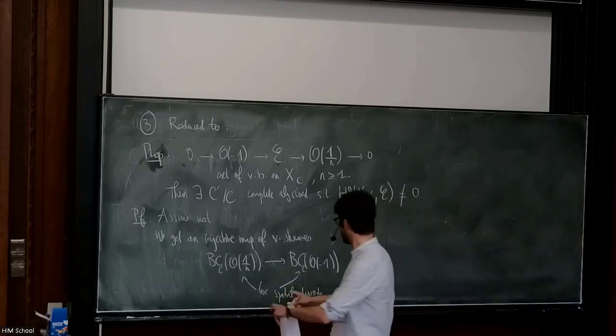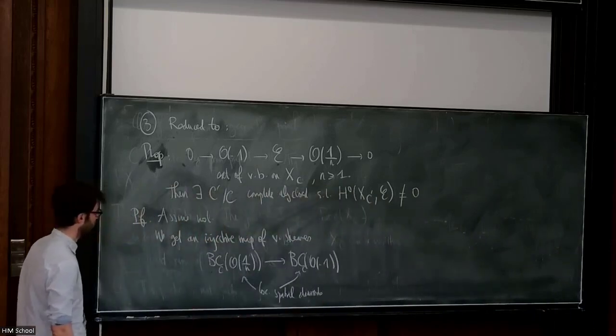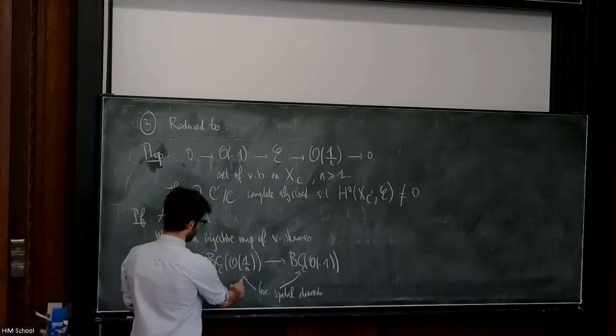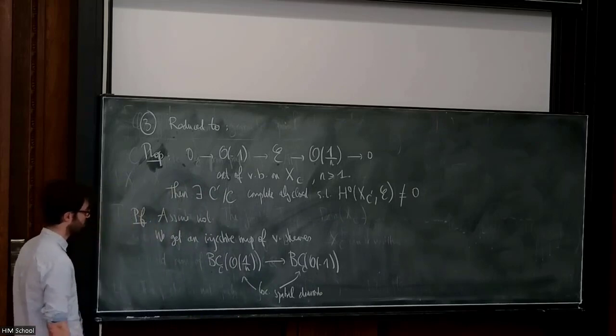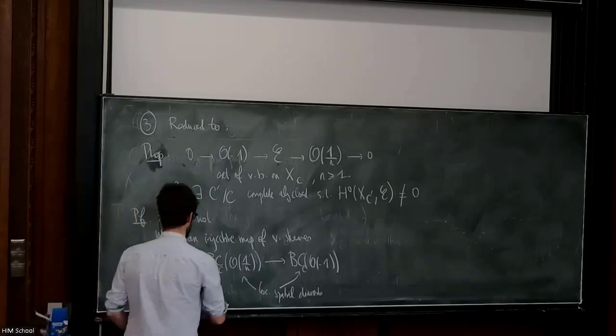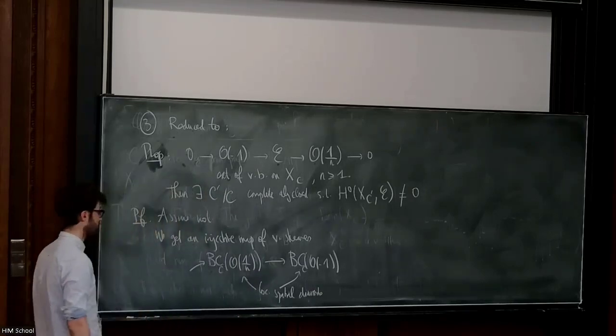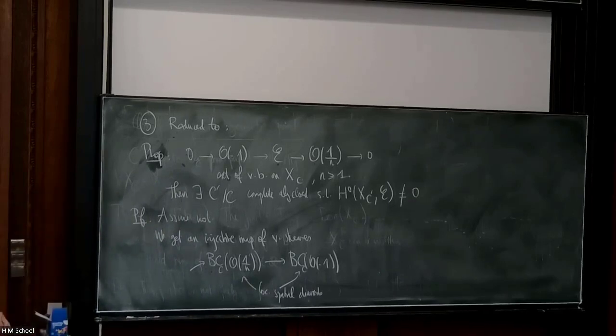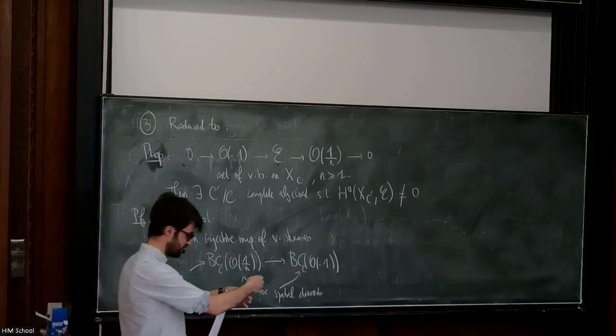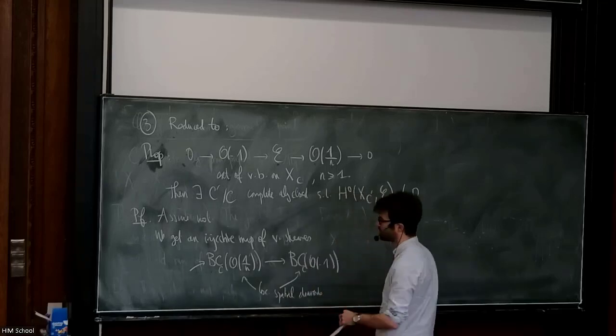Okay, but now by the work of last time, we know what these objects look like. Here the slope is strictly between 0 and 1. So we know that this is represented by, as I said, the p-adic of a formal power series ring.